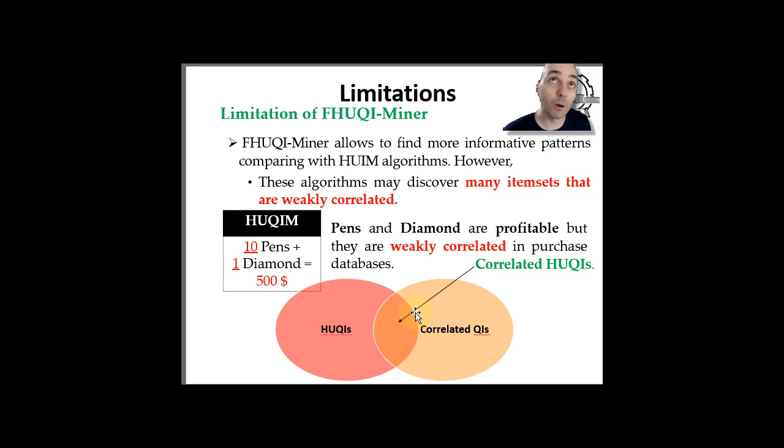So in this paper, we want to combine the concept of high utility item sets with quantities with that of correlation, to find the items that are correlated and also make a lot of money. So our goal is to find the correlated high utility quantitative item sets.